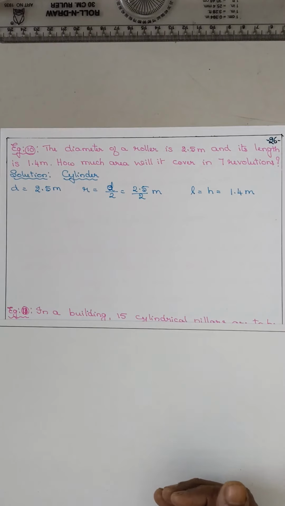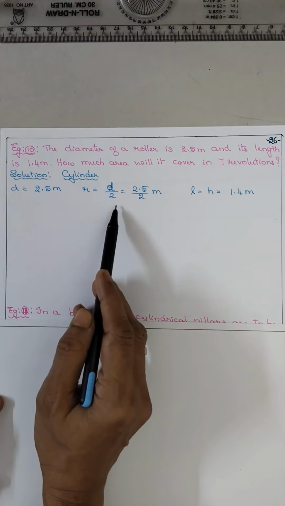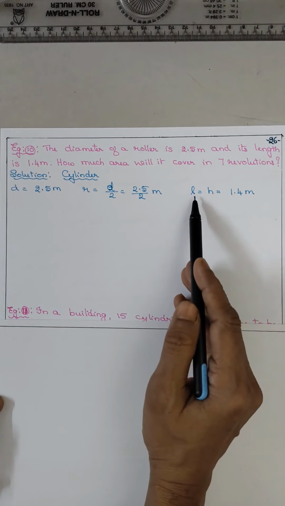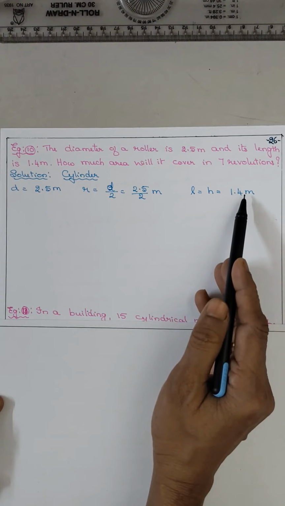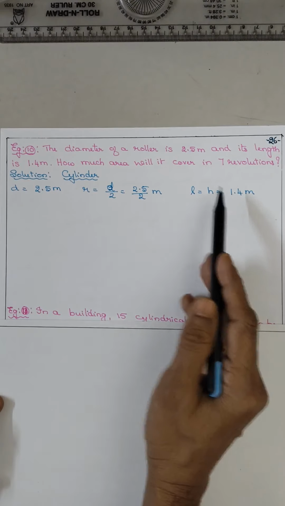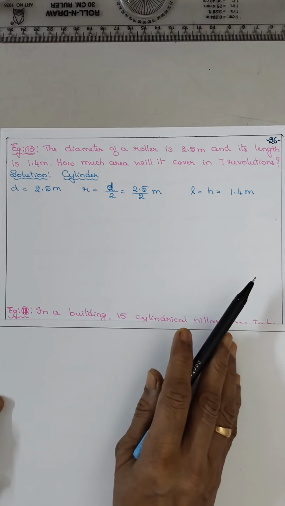So first you have written the diameter is 2.5, the radius is diameter upon 2, you got 2.5 by 2. The length of the roller, that is the height, is equal to 1.4 meter. So first write whatever is given for the roller with regard to the cylinder.